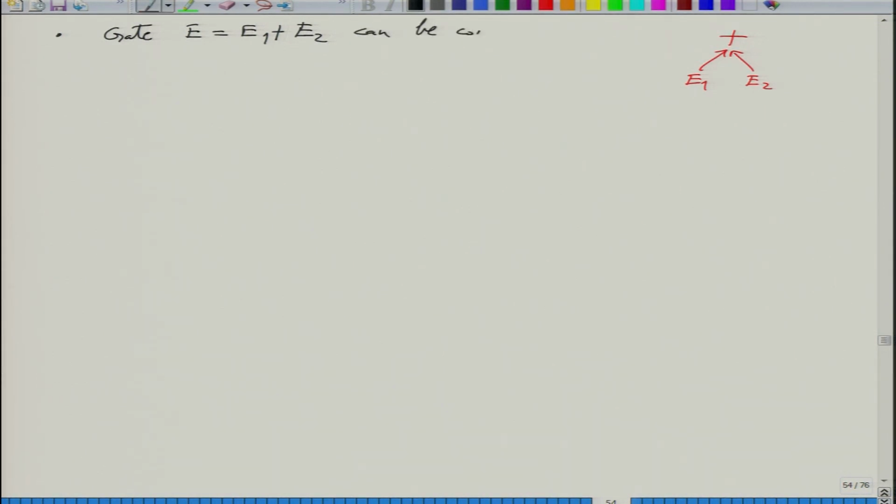So this can be computed as follows. Our representations for E1 and E2 are fixed. So E1 will be 1 0 0, 0 1 0, E1 0 1, and E2 would be computed as 1 0 0.